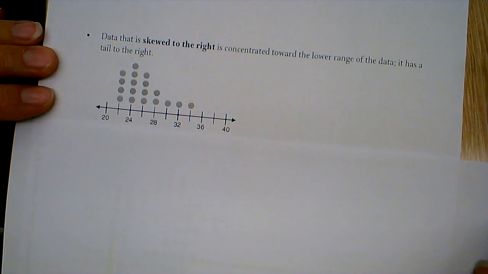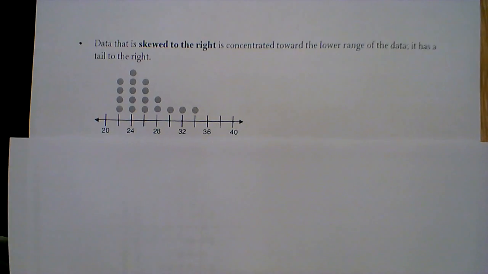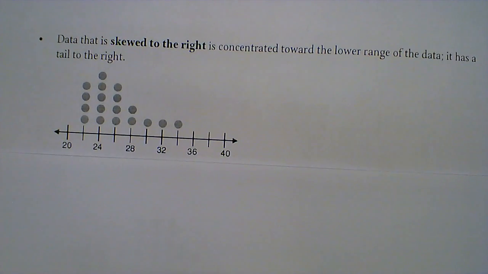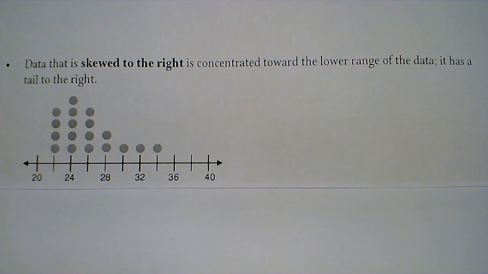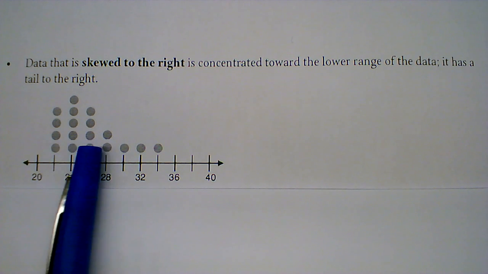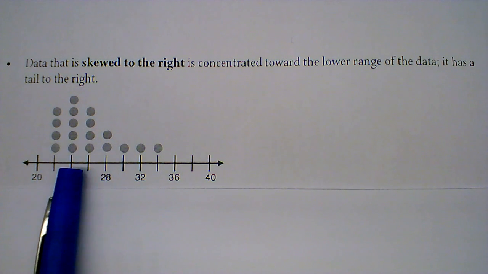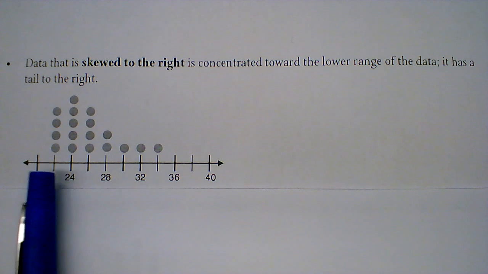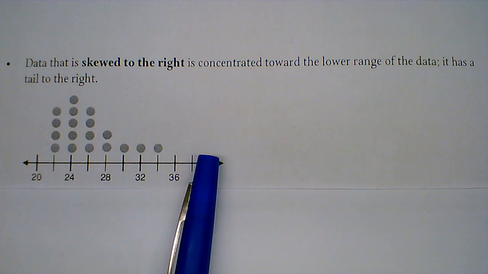We can also have data that we call skewed to the right. Skewed to the right data is concentrated towards the lower range of the data. It has a tail to the right. Okay? So most of my data is over here on the lower end of my scale, and the tail trails off.